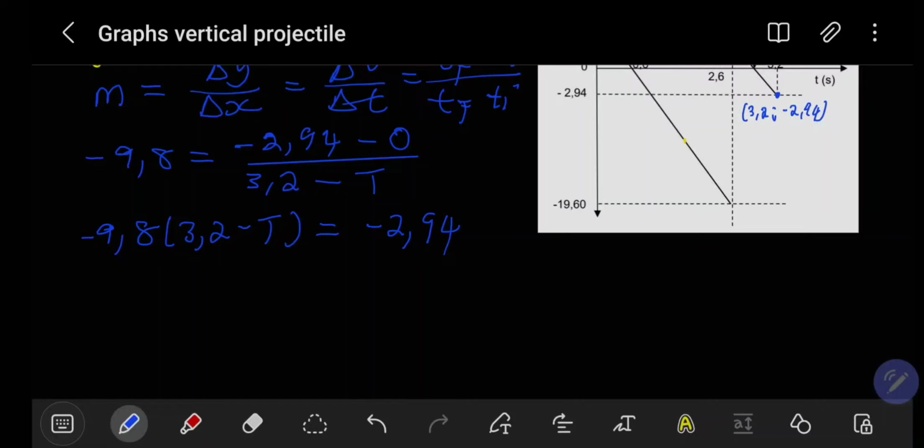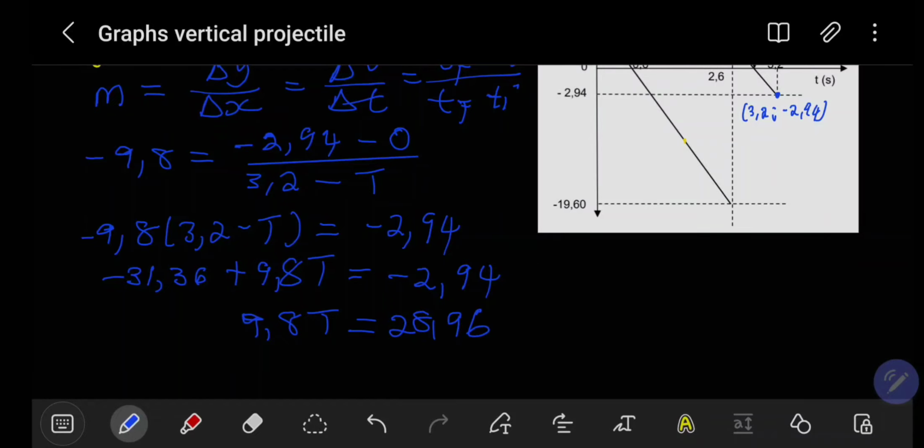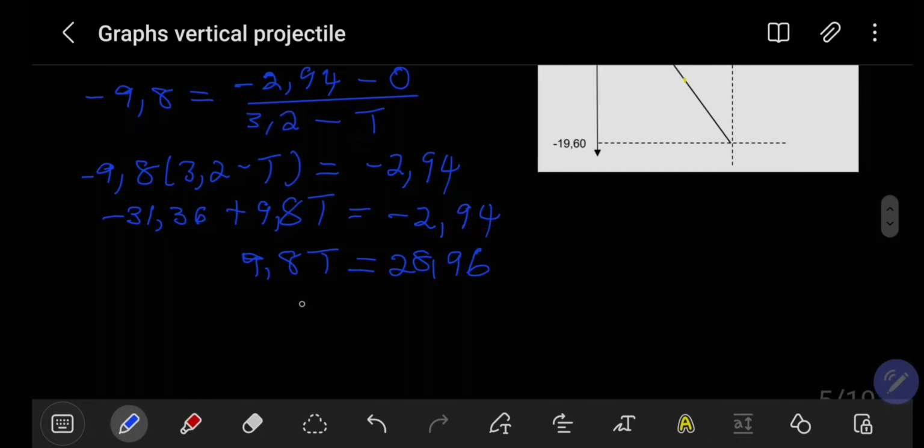When you multiply negative 9.8 by 3.2, you get negative 31.36 minus 9, or positive 9.8 t, which is equal to negative 2.94. Then 9.8 t now becomes, when we take this one to the other side, we're going to have 28.96, and then we divide both sides by 9.8.